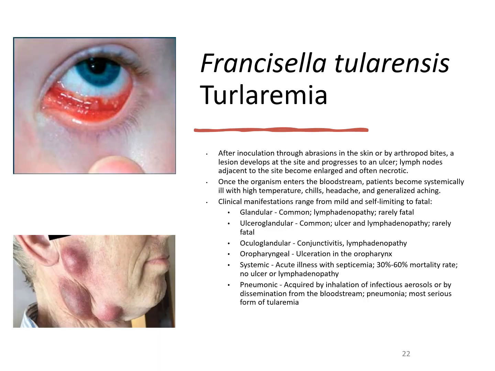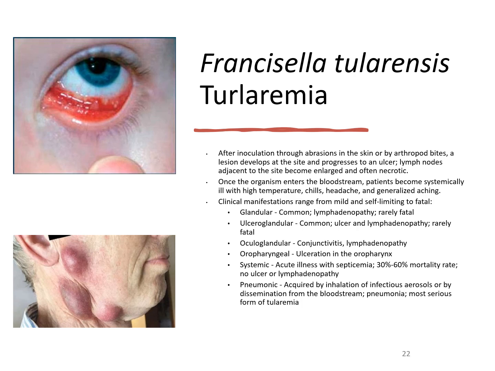So this organism, after it has been introduced to the host, through some sort of abrasion or skin puncture or perhaps a tick bite, then a lesion will start to develop at the site, and then it will actually start to progress to an ulcer type lesion. And so the lymph nodes that are near those lesions will become infected, and they can become very enlarged and also become necrotic.